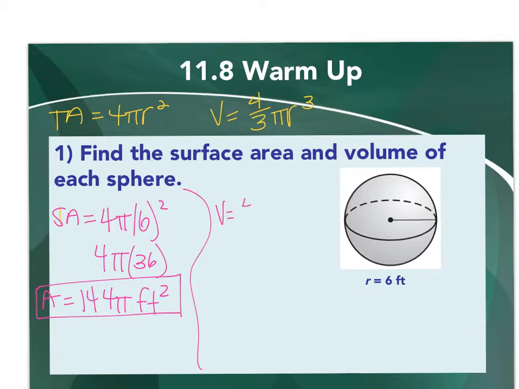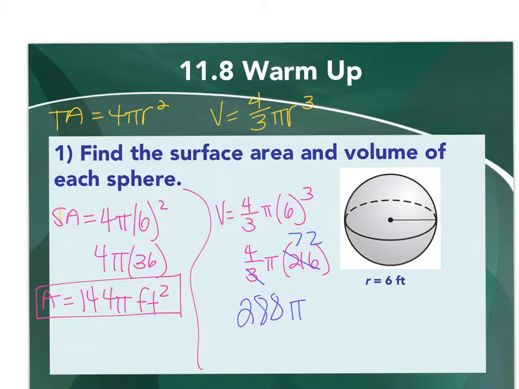Volume would be 4/3 pi 6 cubed, 4/3 pi times 216. 3 goes into 216 72 times. And then 288 pi feet. This time it's cubed.